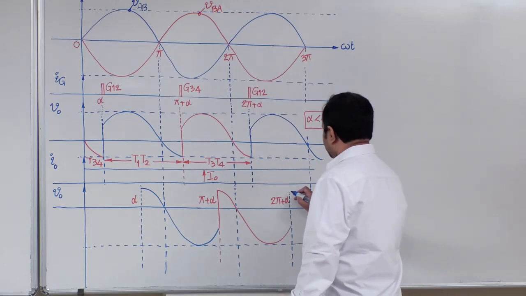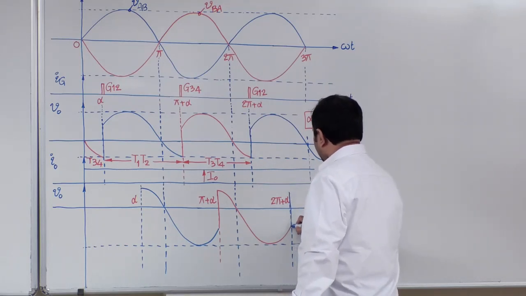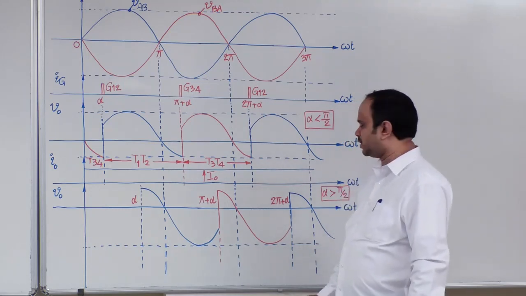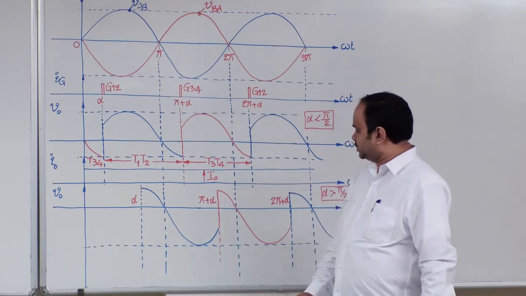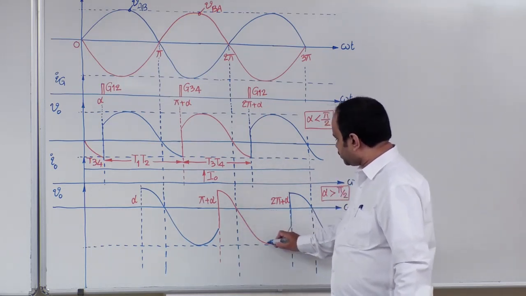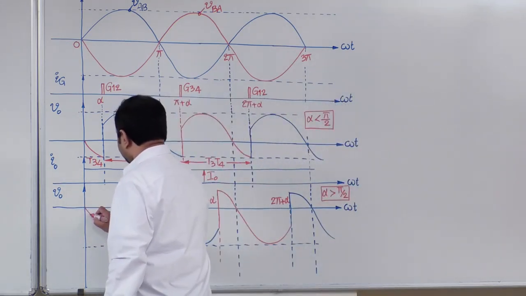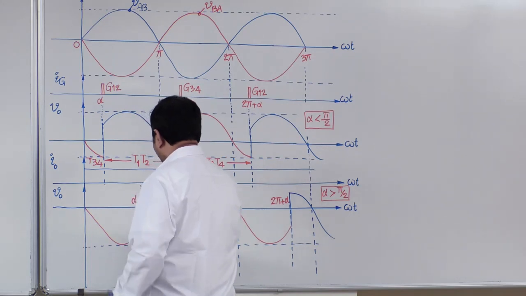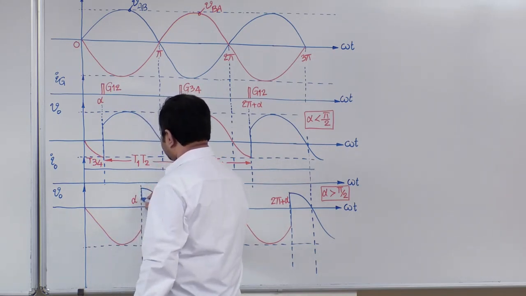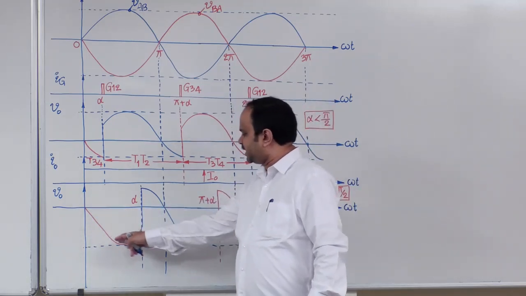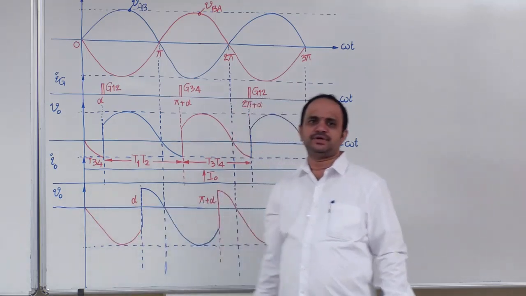Next, from 2 pi plus alpha onwards, this is how the V0 waveform is. We know that 2 pi to 2 pi plus alpha is the same as 0 to alpha, and hence the 0 to alpha output voltage waveform is a red color sinusoidal.